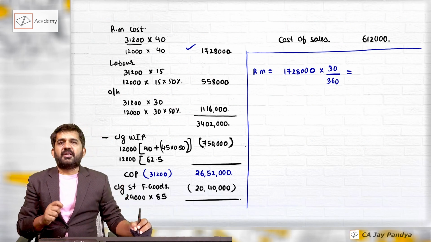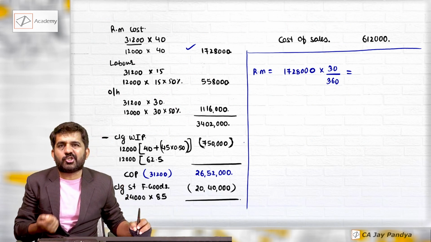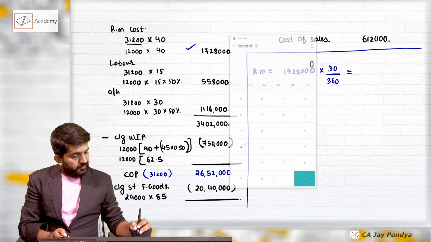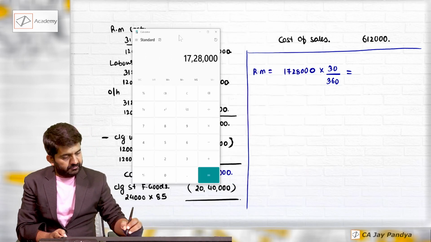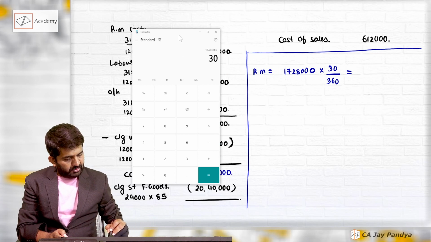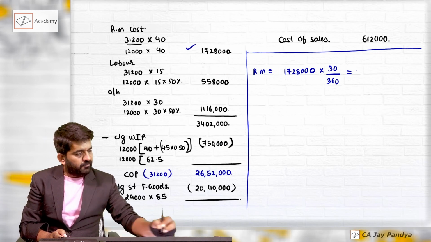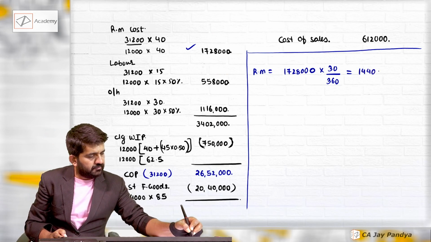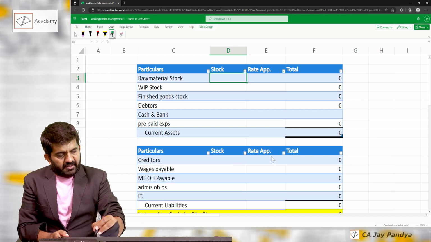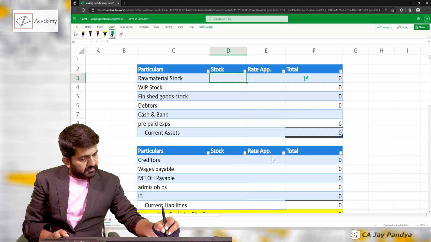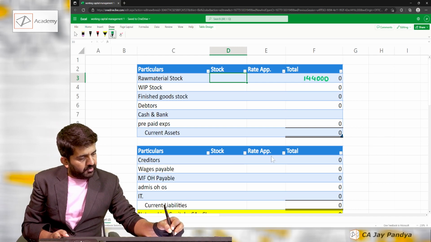This will be nothing but raw material stock, which will be 1 lakh 44,000. Raw material stock will be 1 lakh 44,000.